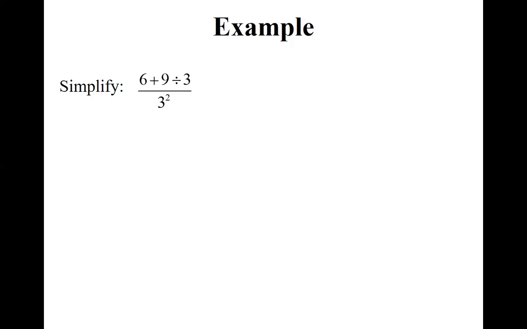It groups the top as one thing, and groups the bottom as something else. On top, we would do the division before the addition. So 9 divided by 3 is 3. On the bottom, 3 squared is 9.